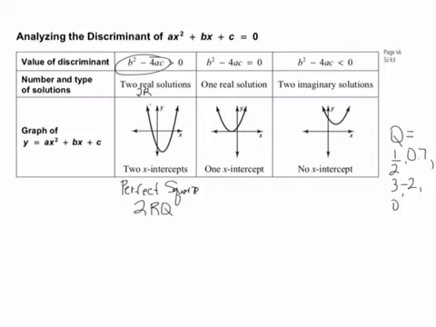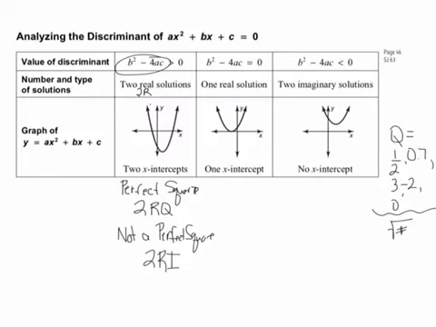Okay, if it's not a perfect square, then you will have two real irrational solutions, which means the number that's under the radical is not a perfect square.